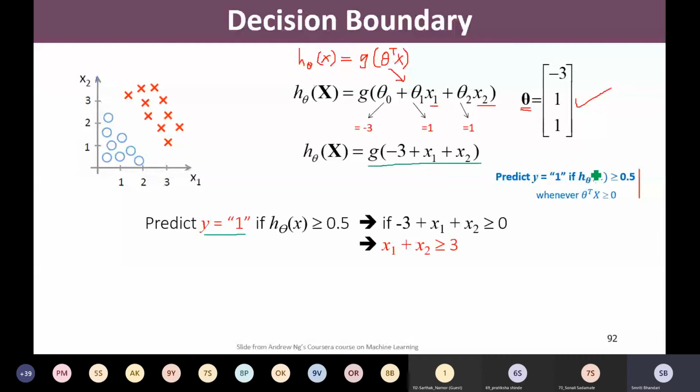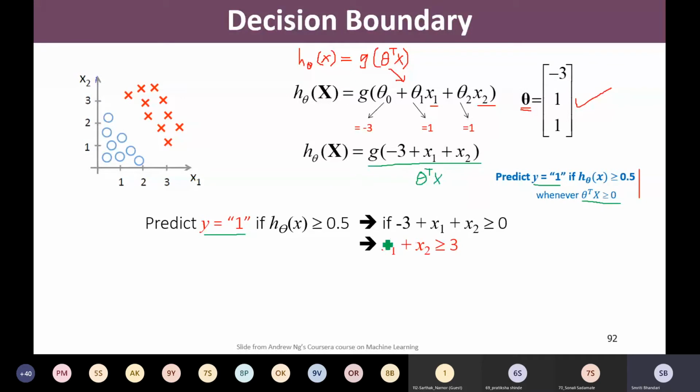In other words, we predict y equal to 1 if h theta x is greater than or equal to 0.5, or if theta transpose x is greater than or equal to 0. So what is my theta transpose x here? It is -3 plus x1 plus x2.